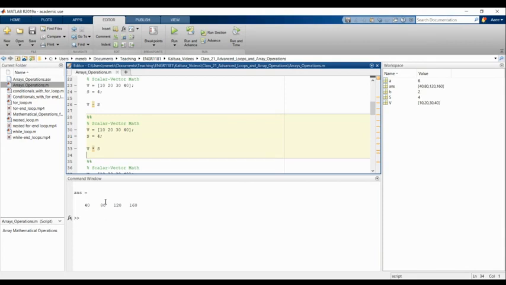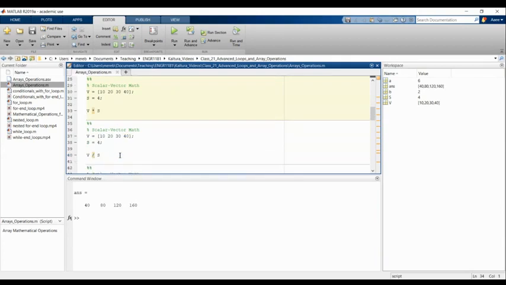So we have 40, 80, 30 times 4, 120, and 40 times 4, 160. How about the division? That's 10 divided by 4, so we should get 2.5. 20 divided by 4 is 5, and so on. So let's check that.